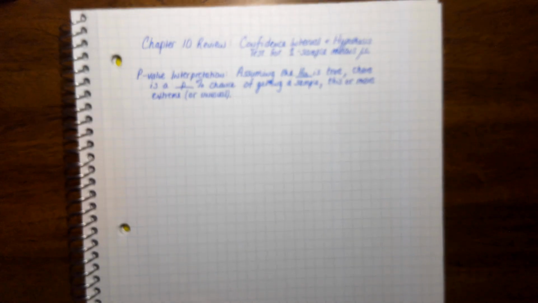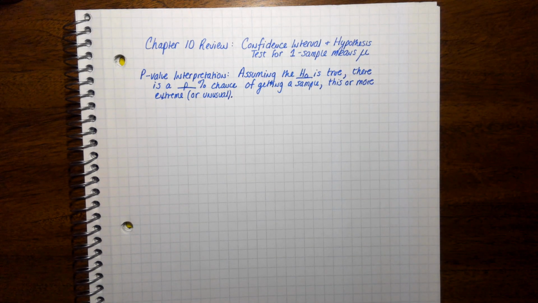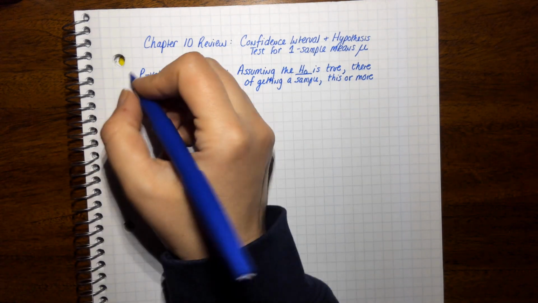Assuming the null hypothesis is true, there is a p% chance of getting a sample this or more extreme.